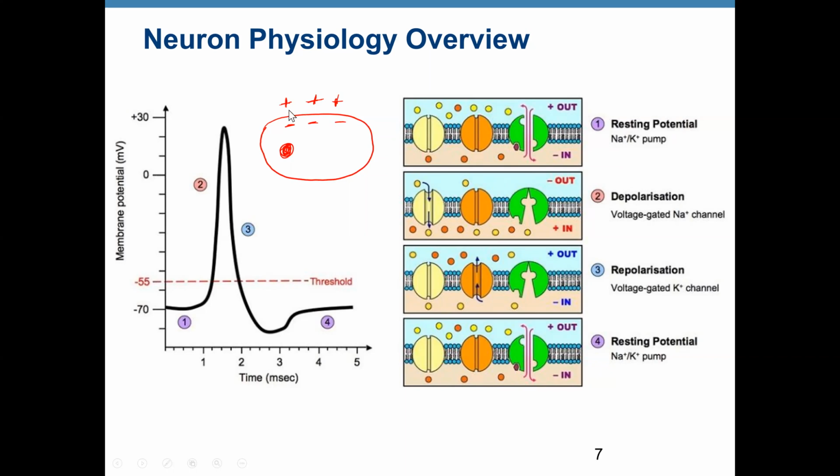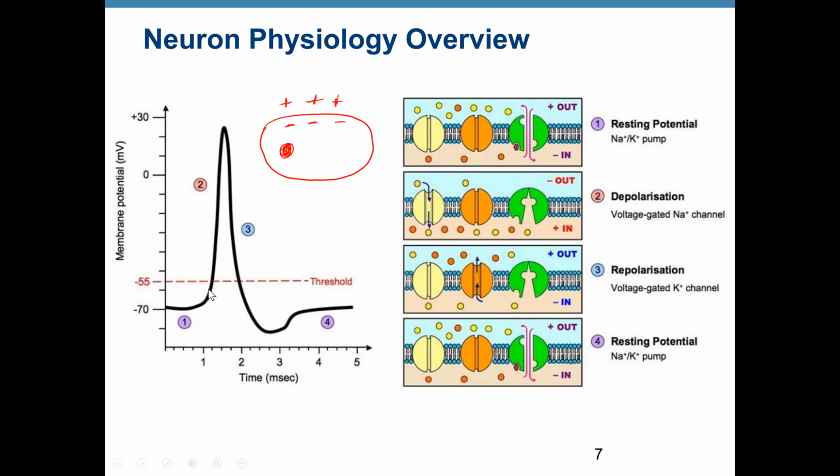Cells are negative inside, positive outside. So we have separation of these charges, and in this lecture, I will explain why. Now, if we have the separation of charges, do you think this cell is polar? Yes, it is polarized. It has positive and negative, so it is a polarized cell. This separation of charges we can measure, and it gives us minus 70 millivolts. This is called resting membrane potential.